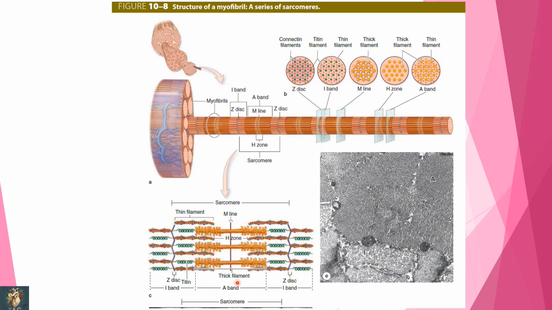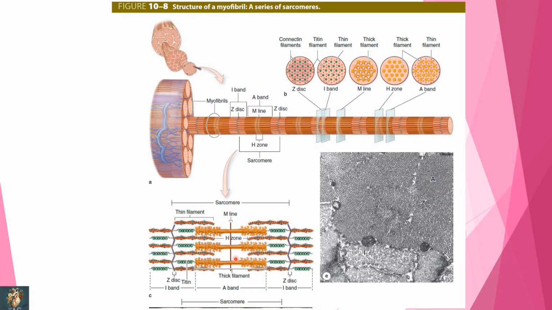So in this detailed structure, this one is the Z disc, and to the Z disc the actin filaments are attached directly, while the myosin filaments are attached to the Z disc by means of titin. Then you can see this area where both actin and myosin are present. This is the A band, the darker area, and over here in this lighter area you are seeing the H zone.